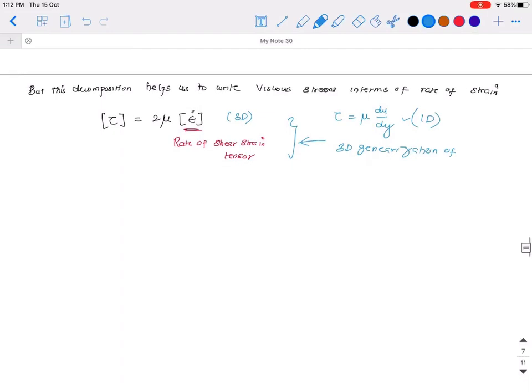Okay, and this expression is called the constitutive equation for a fluid. By constitutive equation, this describes the behavior of fluid to the applied loading.